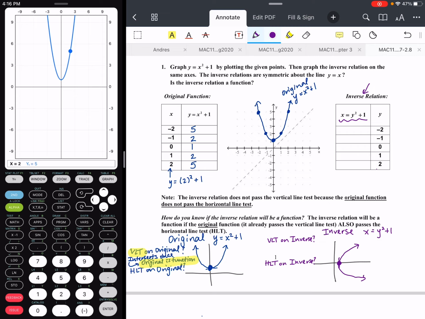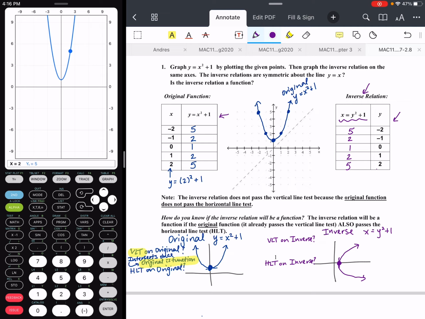Now those are my y values here because I switched x and y. So now my y values become -2, -1, 0, 1, and 2. And I want to write the corresponding x values. The corresponding x values will be what the y's were from my original equation. So 5, 2, 1, 2, and 5. Just copying from the y column in the original into the x column for the inverse. I'm switching the x and y coordinates.